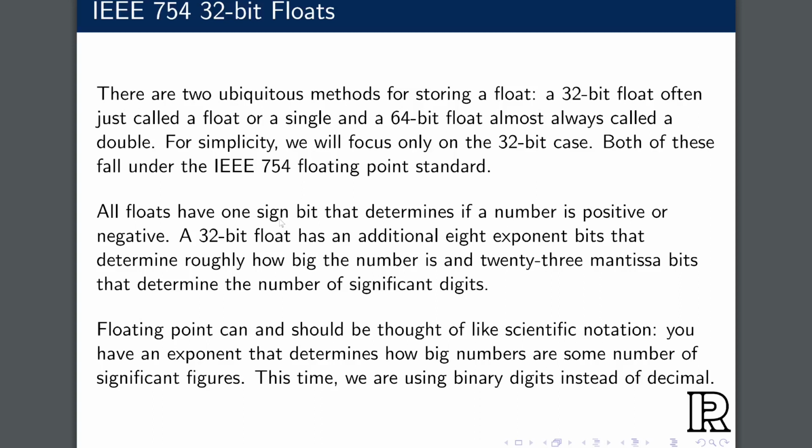Roughly speaking, if those 8 bits are all zeros, then you're between 0 and 1. If you have 0, 0, 0, 0, 0, 0, 0, 1, then you're going to be between 1 and 2. And so basically you have these bins between 0 and 1, 1 and 2, 2 and 4, 4 and 8, 8 and 16, 16 and 32, 32 and 64, on and on and on. And these bits tell you which bin you're in. So they tell you, again, roughly how big your number is.